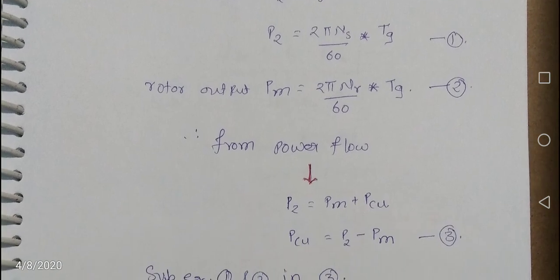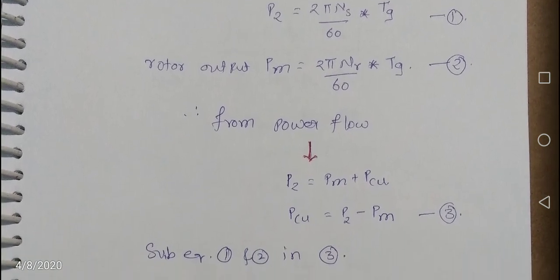From the power flow diagram, which we discussed in the last slide, the rotor input power P2 is equal to PM, the gross mechanical power output, plus PCU, the rotor copper losses.